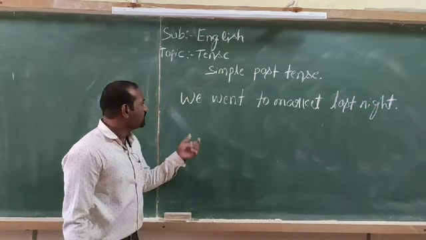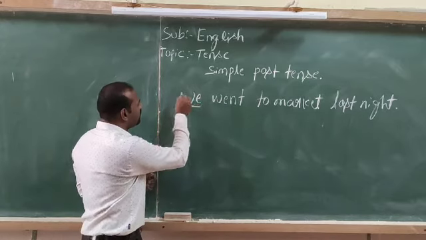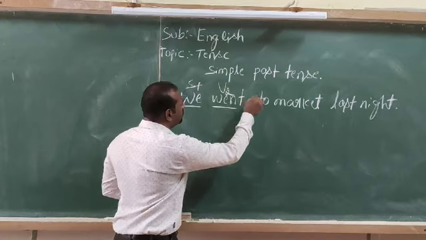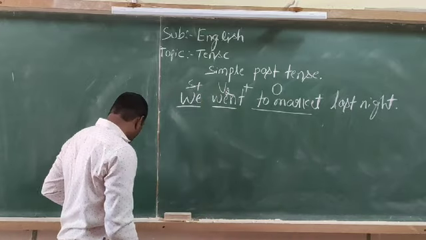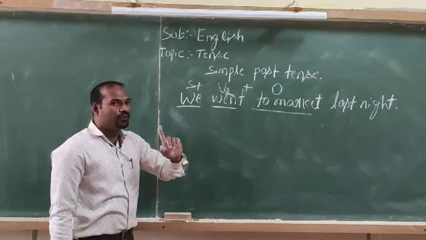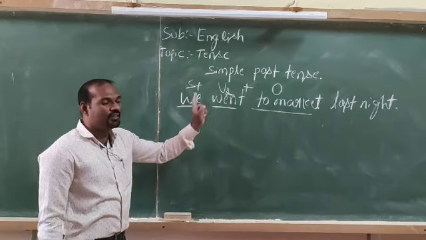Here, we stands for subject, went stands for verb, and the rest of the sentence stands for object. So this is a simple past tense example, also called an affirmative sentence.